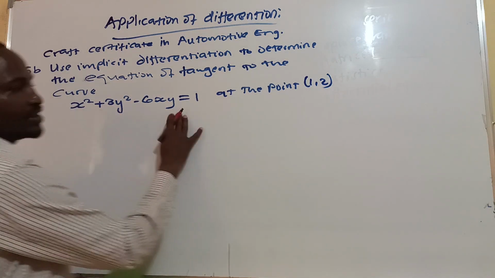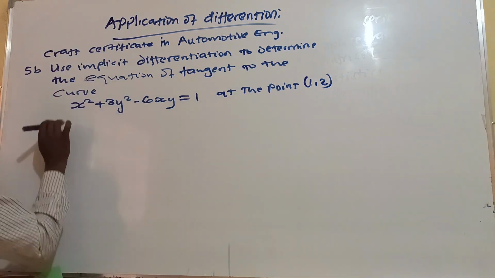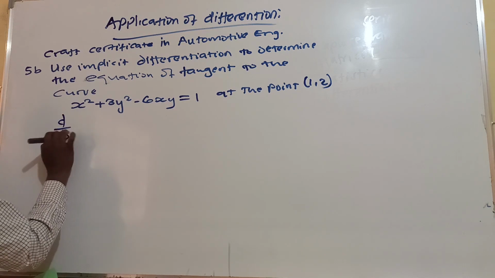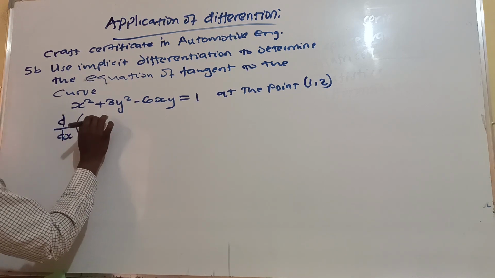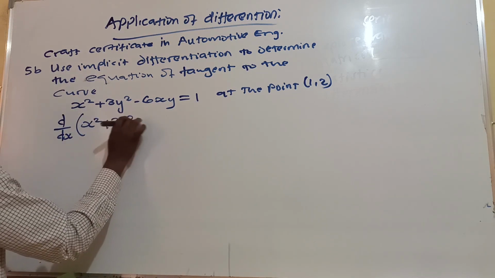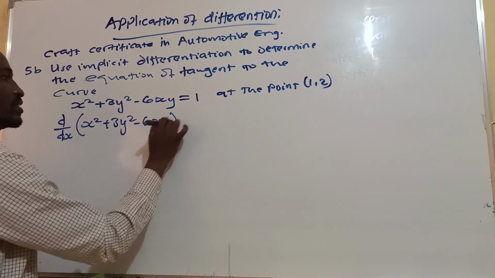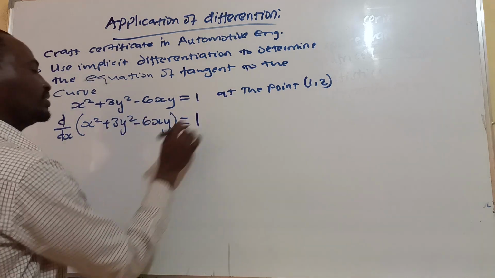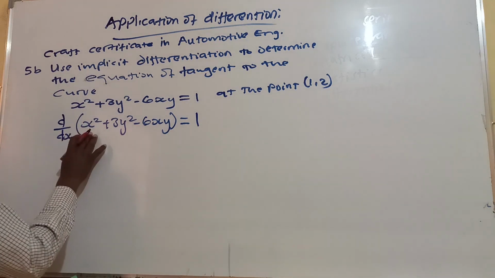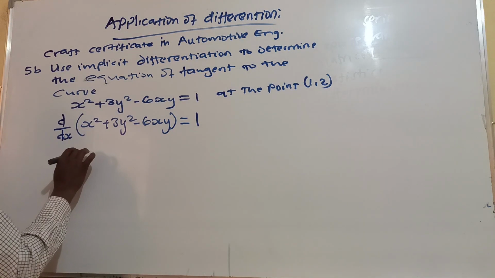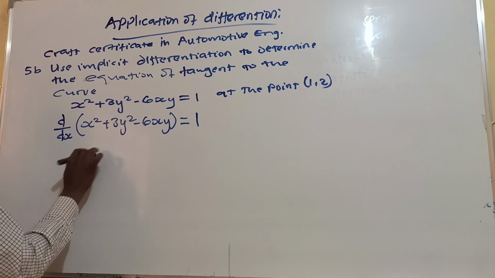We are going to differentiate this using implicit differentiation. So we get the derivative with respect to x of x squared plus 3y squared minus 6xy is equal to 1. When we differentiate x squared with respect to x, we get 2x.